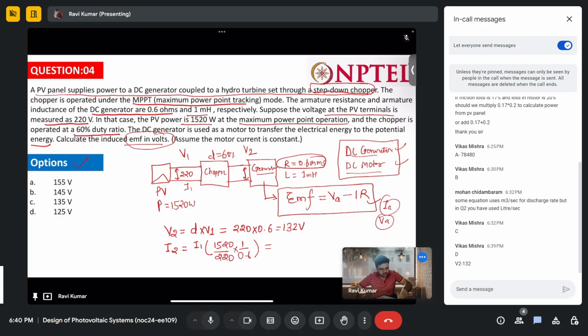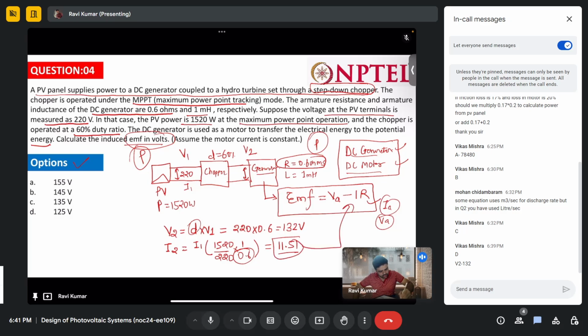I guess 1520 divided by 220 divided by 0.6, 11.51. Why am I dividing it here, multiplying it there? Because it is the system, so power here should be equal to power here. So our current is coming 11.51.